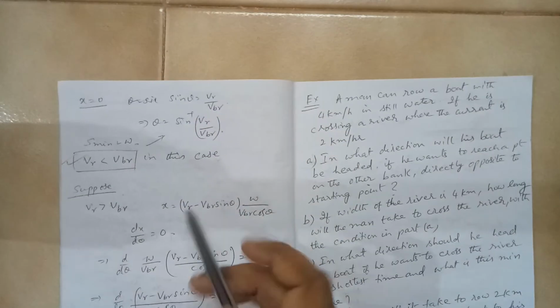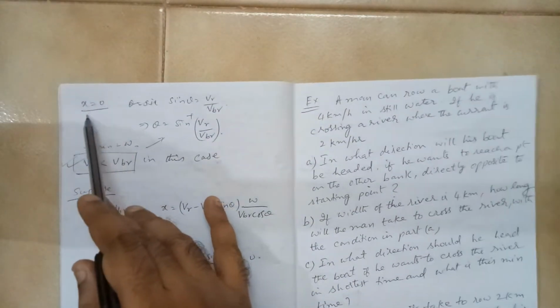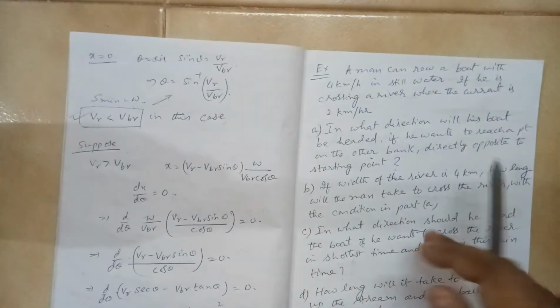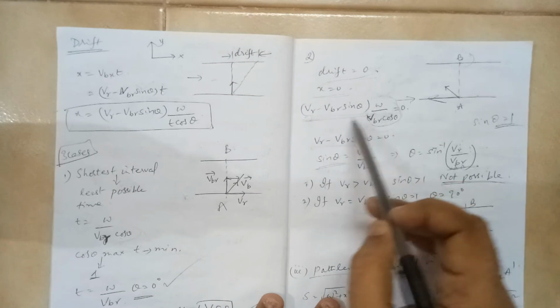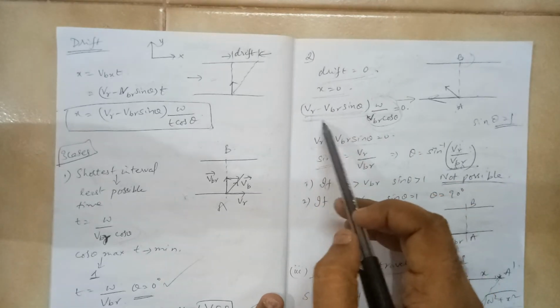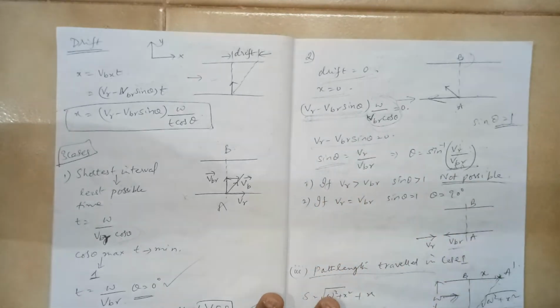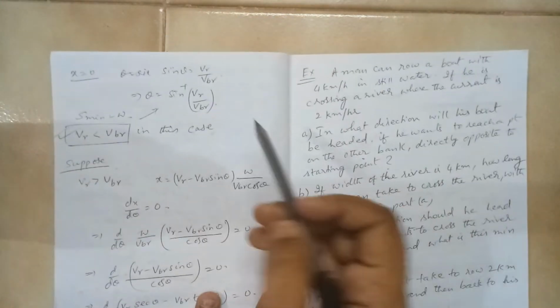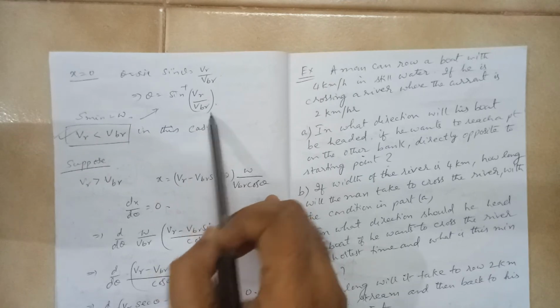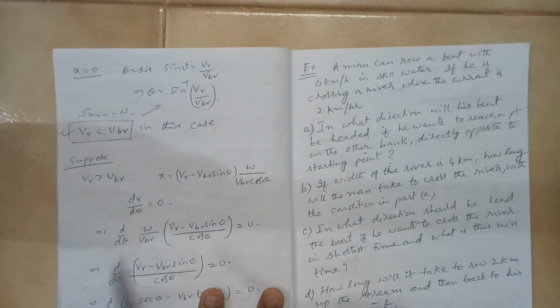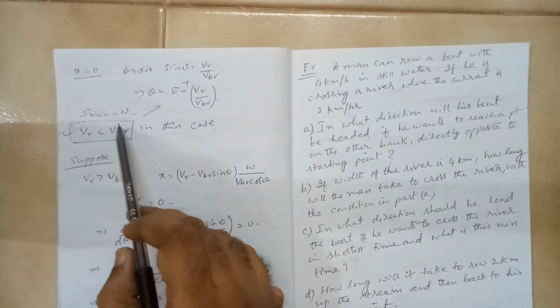Now, what is the minimum value of X? It is 0. If it is 0, we know that this expression will become 0. This cannot be equal to 0, so this part will become equal to 0. VR minus VBR sin theta will be equal to 0. From here you have got theta is equal to sin inverse of VR by VBR. So this is the case of S minimum.